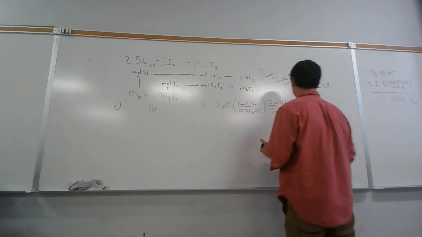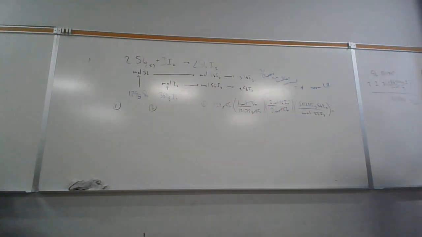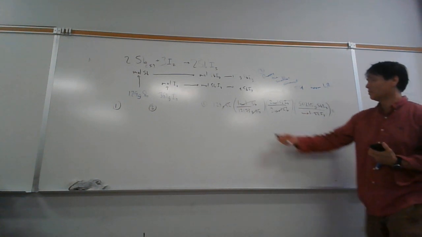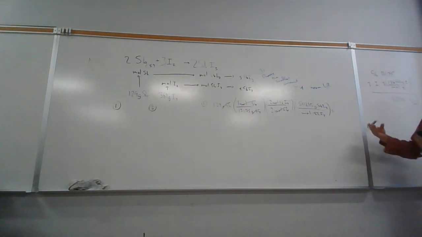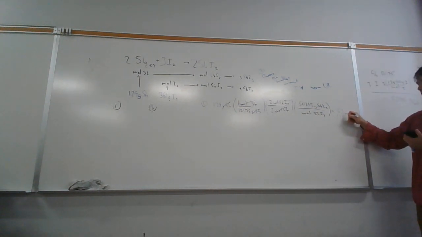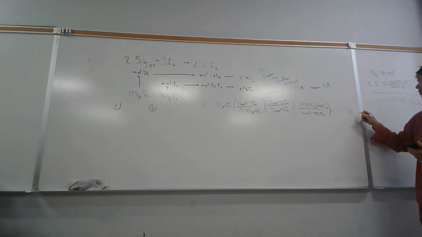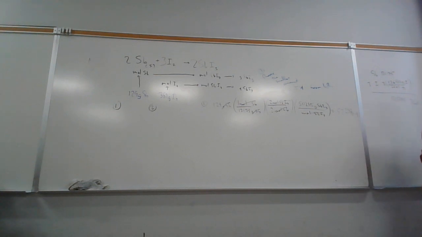The moles again. So let's see what we end up with here. I got 532. This is almost a mole of antimony. So I should form, that's actually a little more than a mole. And so I ended up with 532.370 grams. Okay, this is the yield from the antimony.